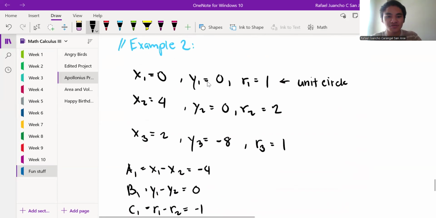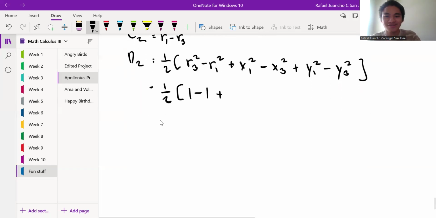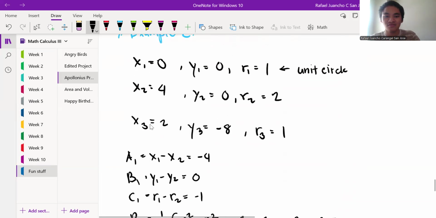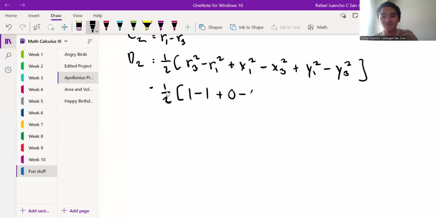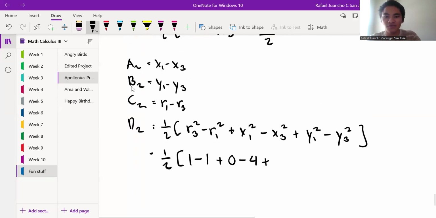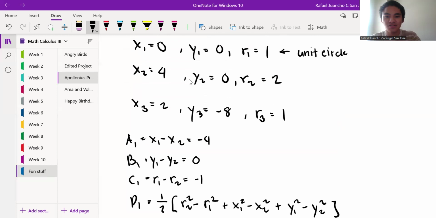My x sub 1 squared is 0. My x sub 3 squared is 4. It's 2 times 2, or 2 to the power of 2, it's 4. My y sub 1 squared is 0.